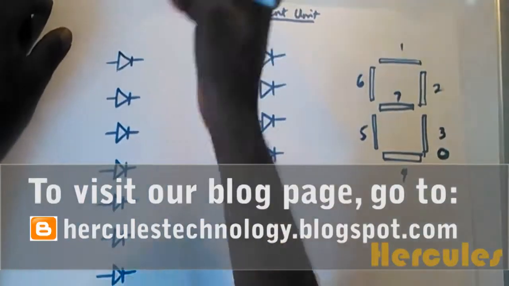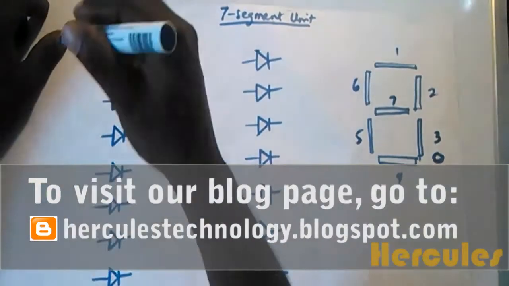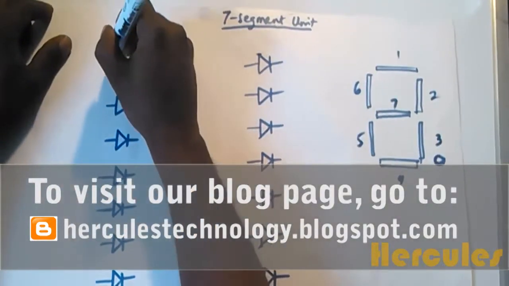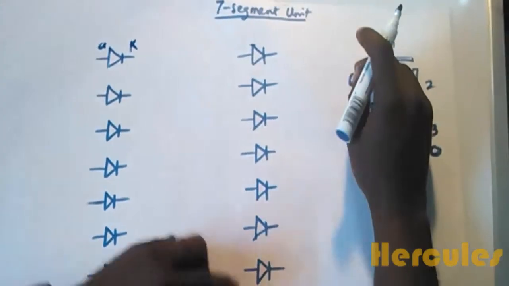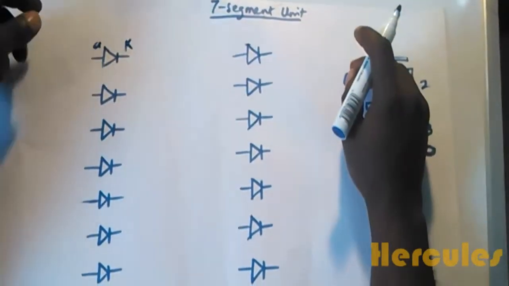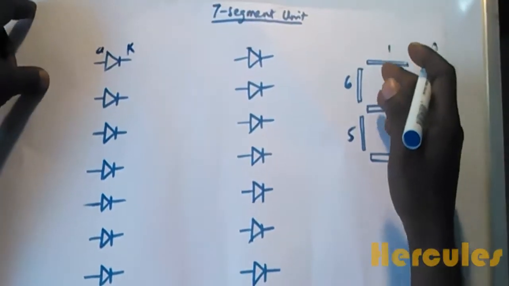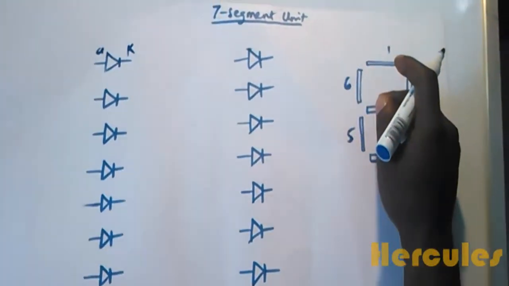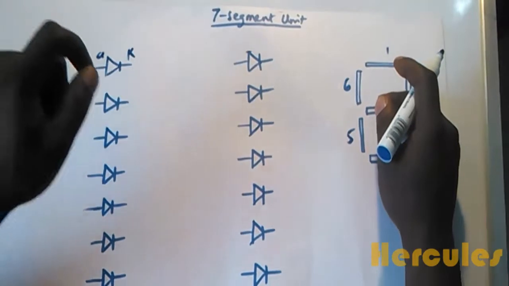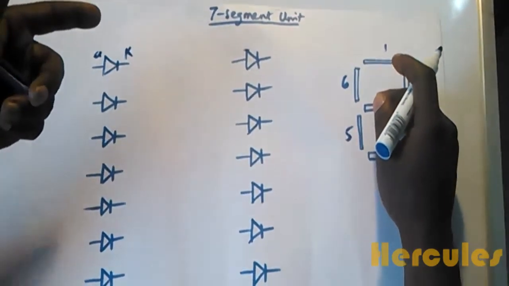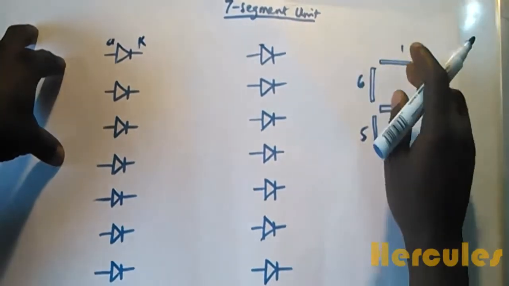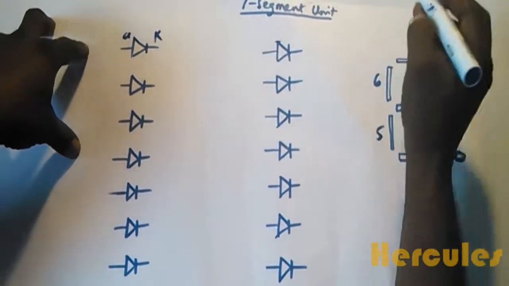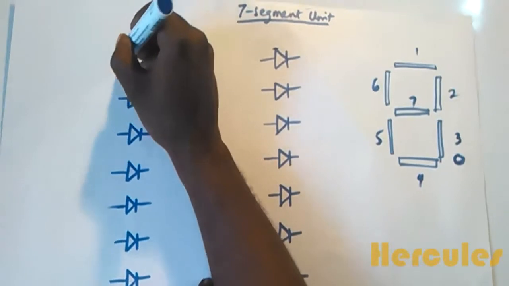Like I explained earlier, there's usually an anode terminal and a cathode terminal. The anode terminal is connected to a high, then the cathode terminal is connected to ground, or a 0 or a low, and that causes your LED to come on.